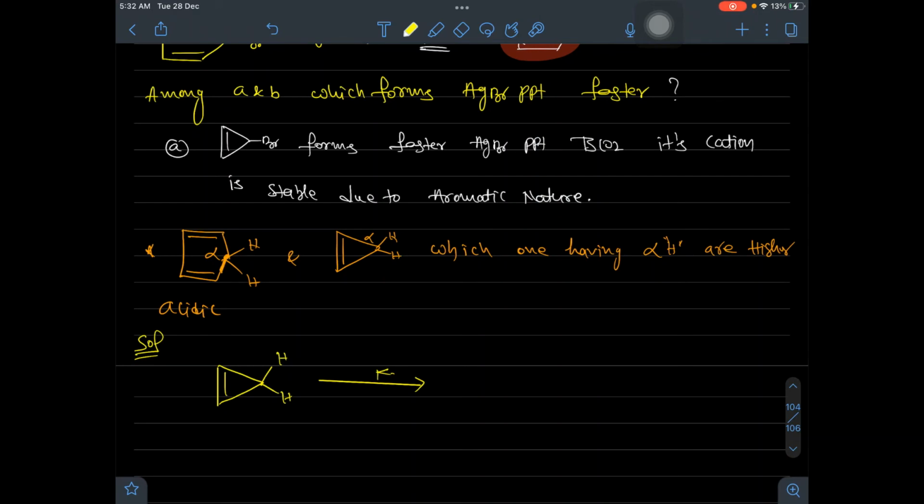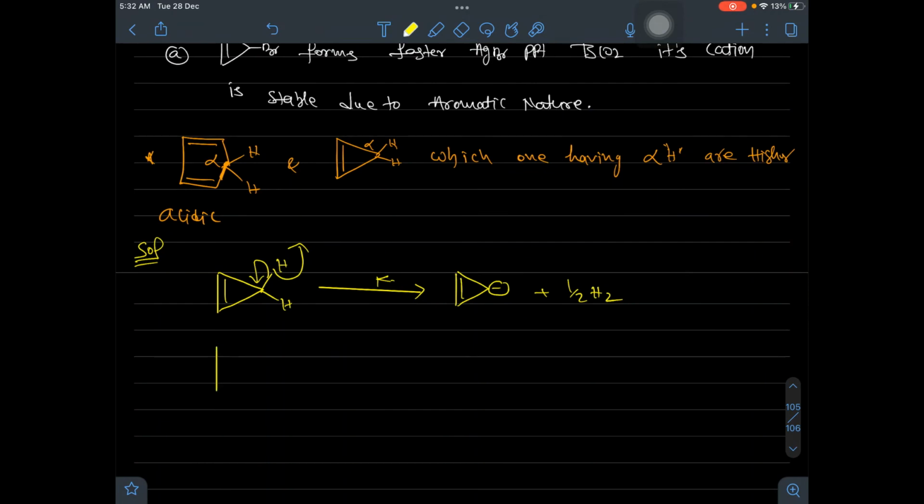Acidic nature means H plus should come out completely as H plus. When it comes out as H plus, the sigma electrons will be left on this carbon. So you will get here a cyclic anion, plus half H2.